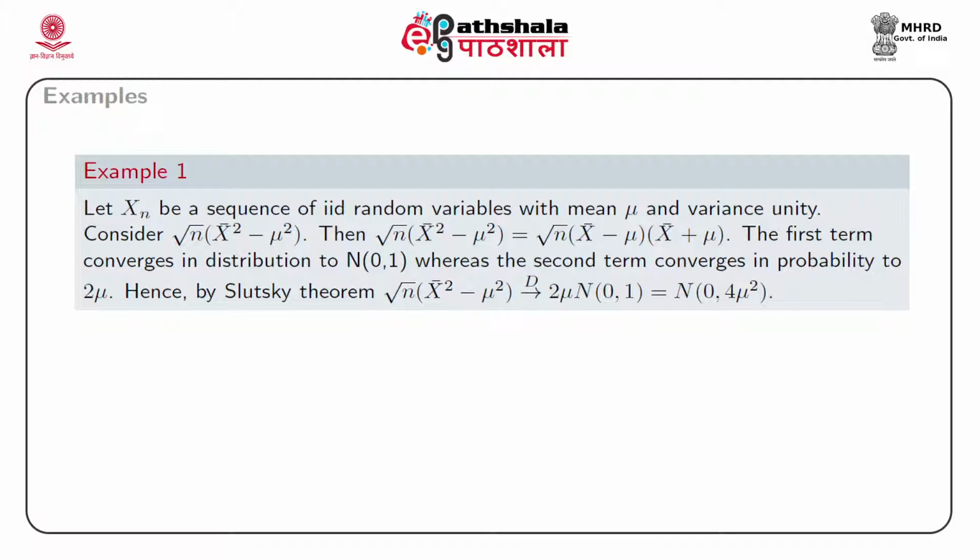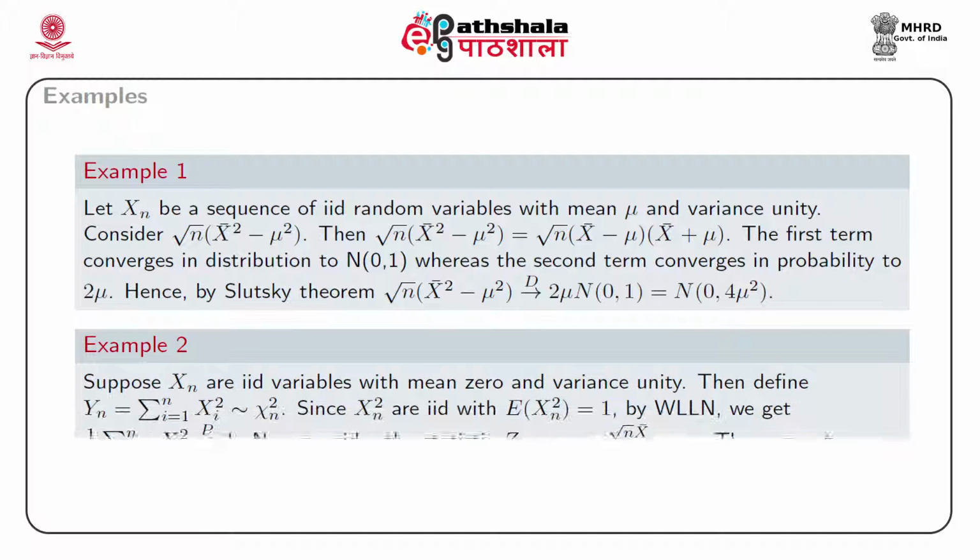So, combining these two from Slutsky theorem, we find that square root of n multiplied by X bar square minus mu square converges in distribution to 2 mu times a standard normal variable. So, in all we can say that square root of n times X bar square minus mu square converges in distribution to normal with mean 0 and variance 4 mu square.